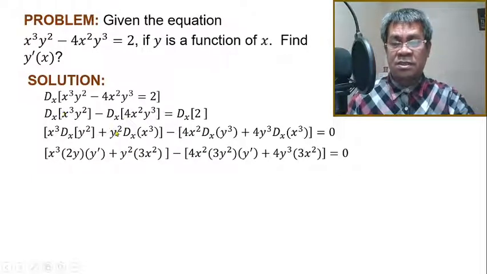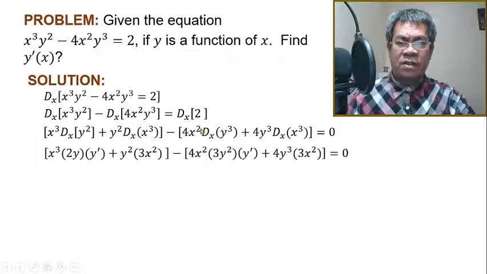Okay, one at a time. This is copy, and the derivative is 3x squared. Then minus 4x squared. Copy, and the derivative is 3y squared. And take note, this is a function of x, so you have to multiply by dy/dx or y prime, or f prime. Then copy this one.